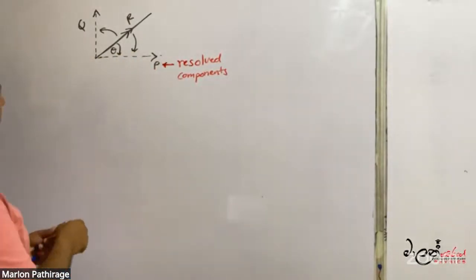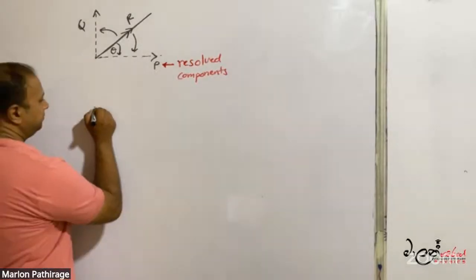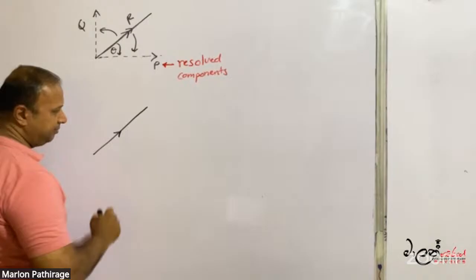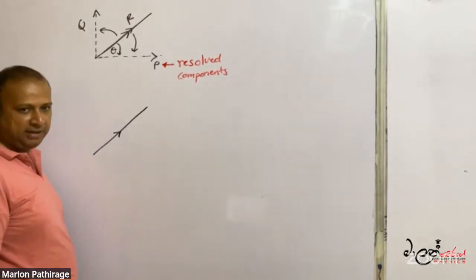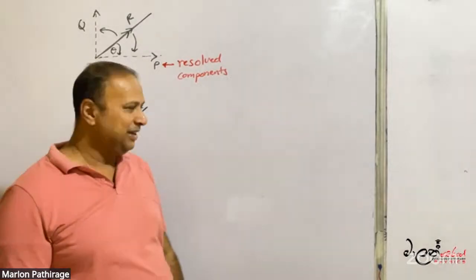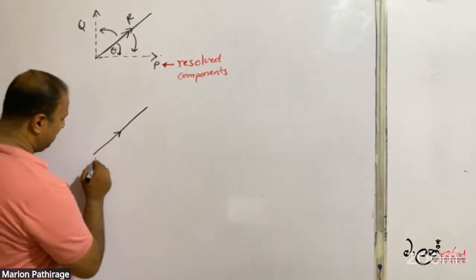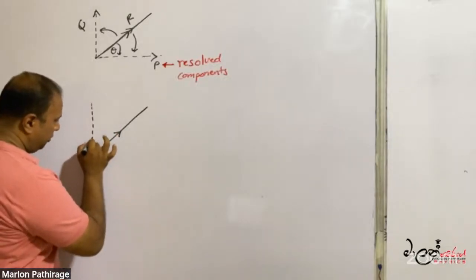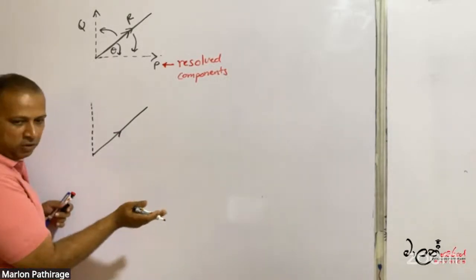For components, we can use the same method, which is called the vector parallelogram law. Now we have to resolve this vector into two perpendicular components.